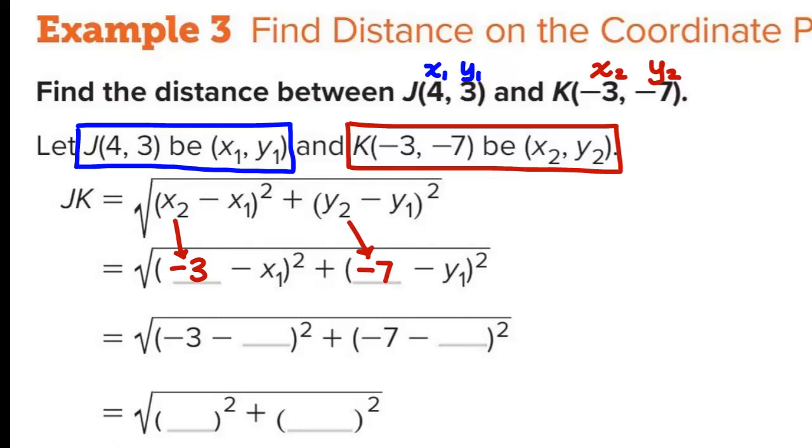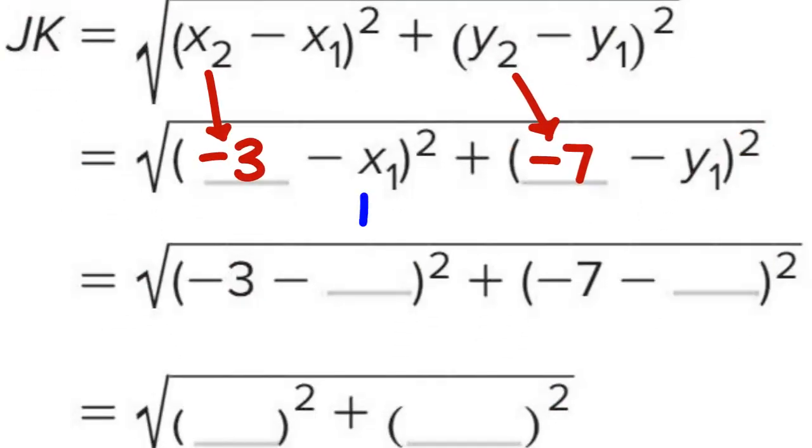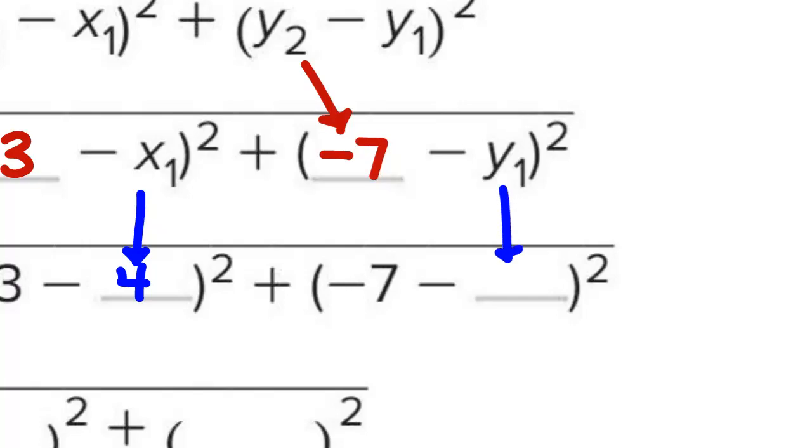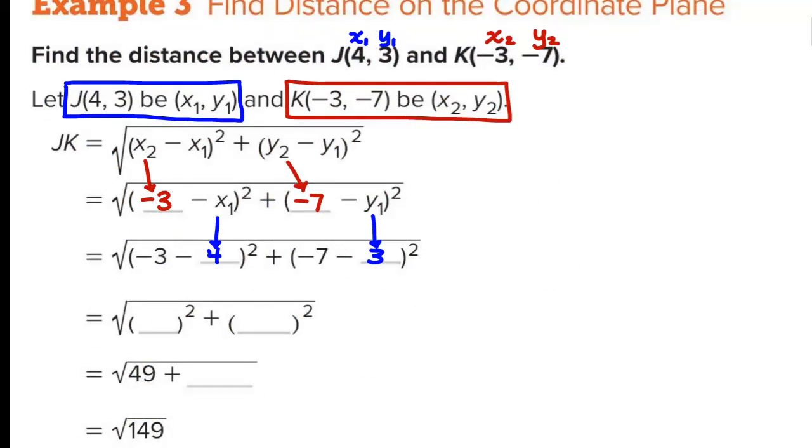All right, I've got my x2 and y2 filled in. Let's fill in the x1 and the y1. What is x1? 4. What is y1? 3.